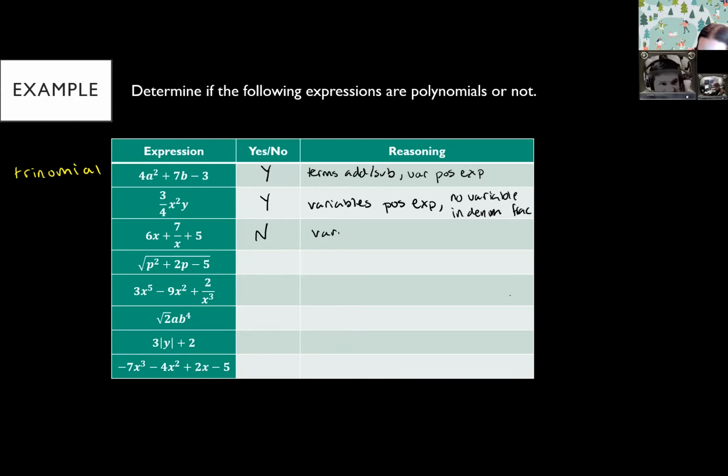So if there's a variable in the denominator, this is something that's called a rational expression. So it has the word rational, and rational specifically means fractions. Okay, what about the next one? We have the square root, p squared plus 2p minus 5.